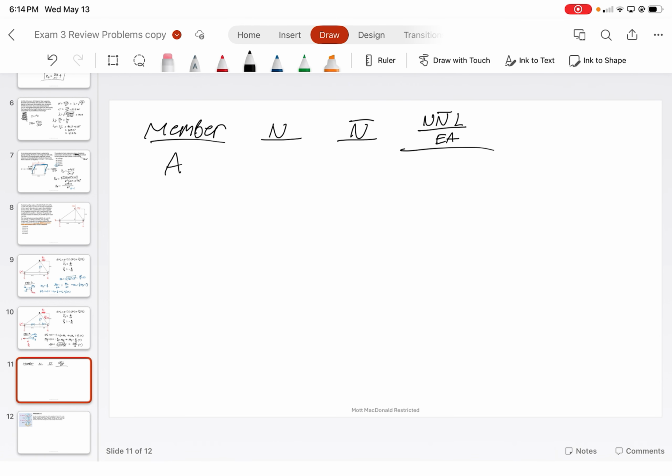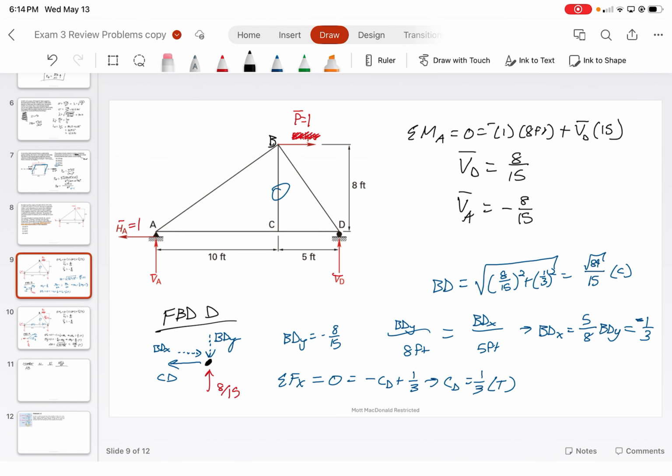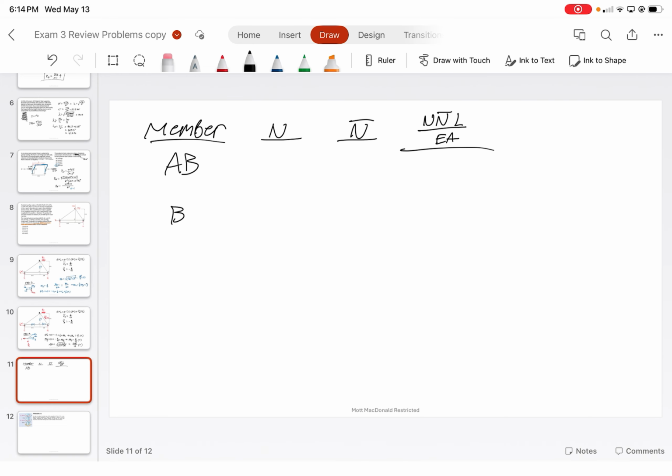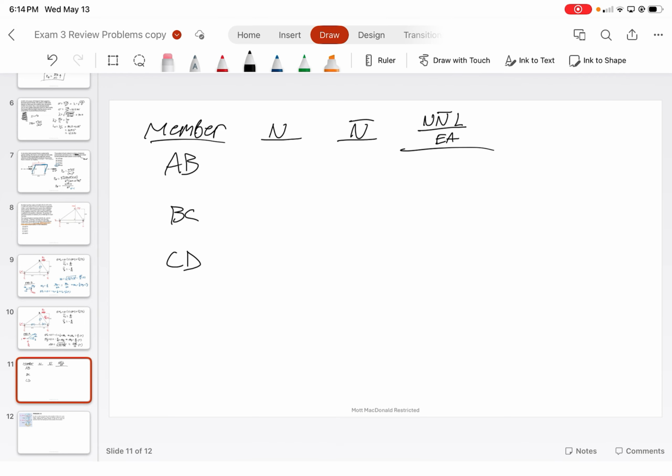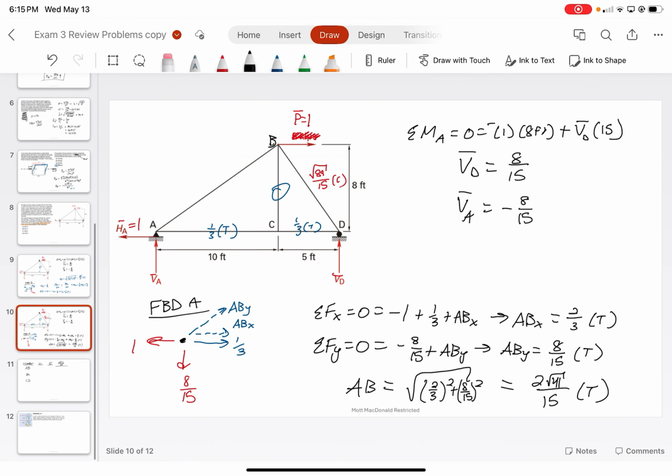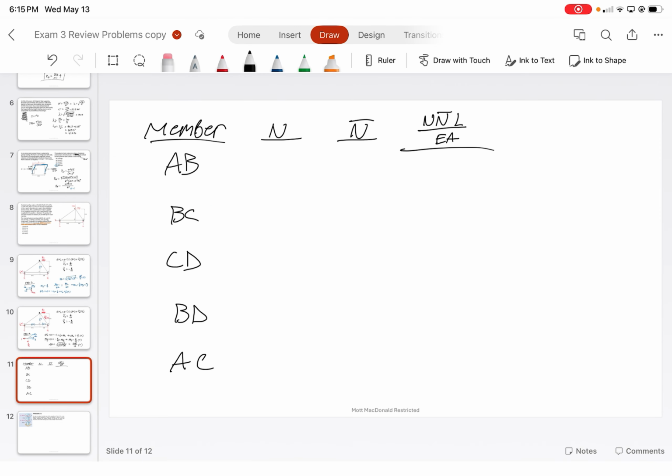So we are going to have AB, BC, CD, then we've got BD and AC. In all instances, BC is 0, so that's 0, 0, 0.